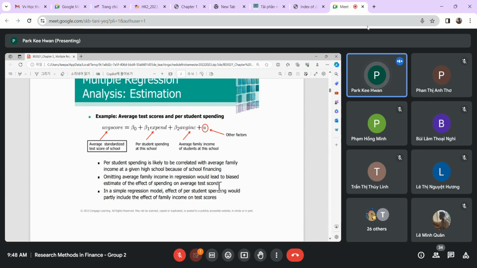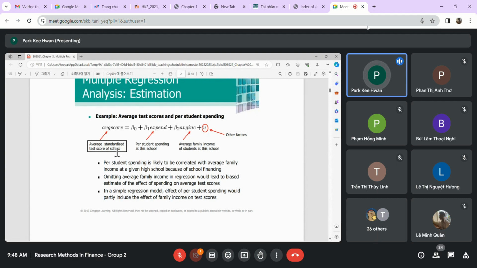In other words, when you omit the average family income in your regression, like in a simple regression model, average score regressed on only one variable, expenditure. You don't have average family income.